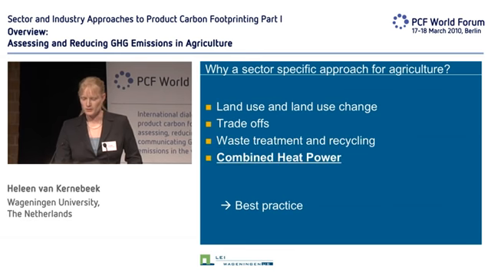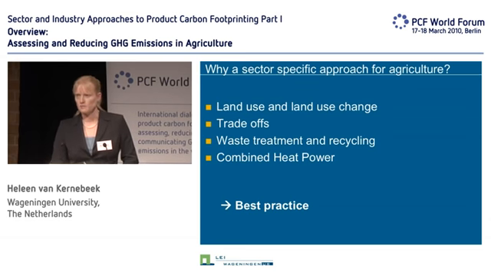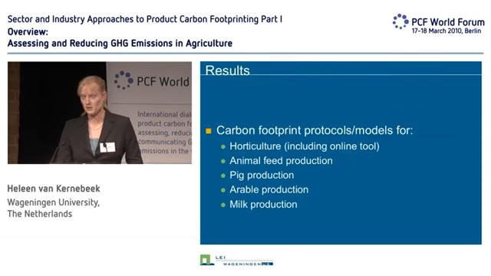Waste treatment and recycling is very important, and also combined heat and power. In Dutch horticulture, 75% of the primary producers use combined heat and power. So it is very important to have good calculation rules on how to compute the greenhouse gas emissions related to this.